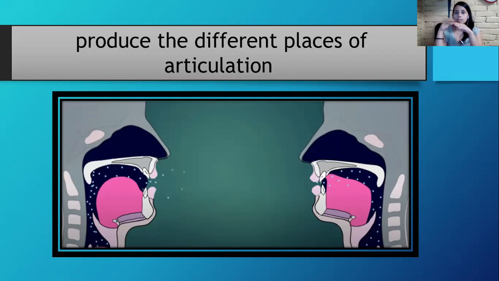The example of the s sound is password, and the example of the z sound is reason. If we put our hand on the throat and pronounce s and then z, you will notice that in the z there is a vibration.